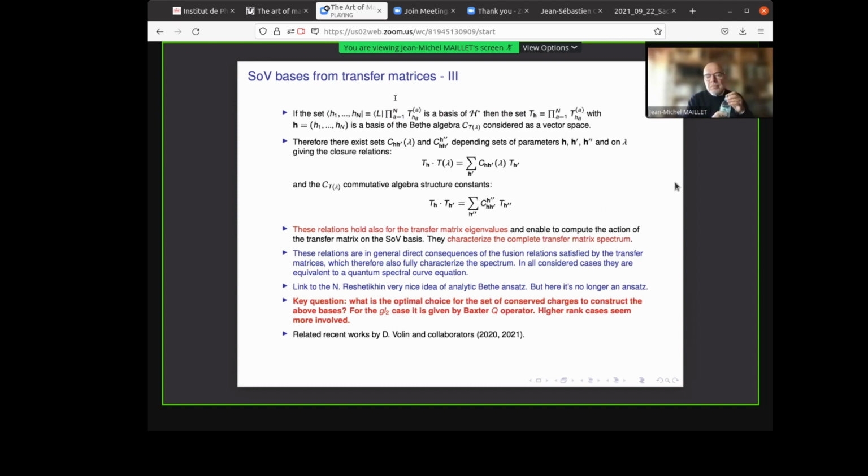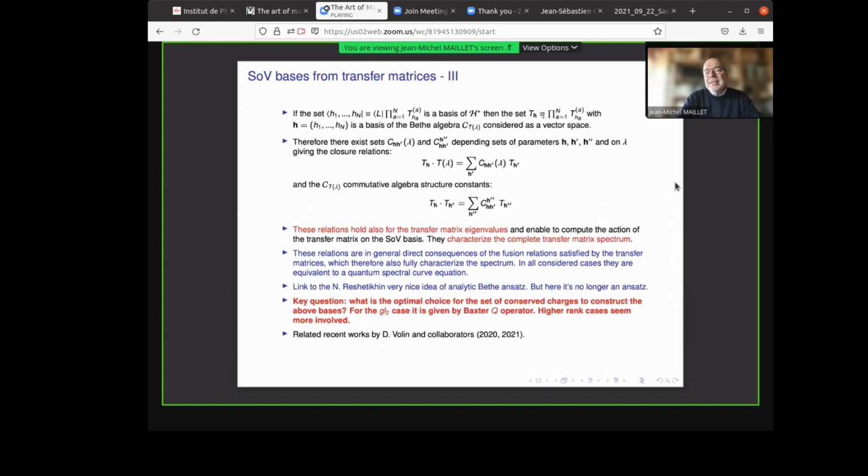Then because it is a basis, it means it's a free system of vectors. And if it is a free system of vectors, it implies immediately that the set T_H, which is just the product of the T(ψ_A)^{h_A} for any h, is also a free system, but then of operators, in the vector space C_T(λ) of matrices of operators commuting with T(λ).